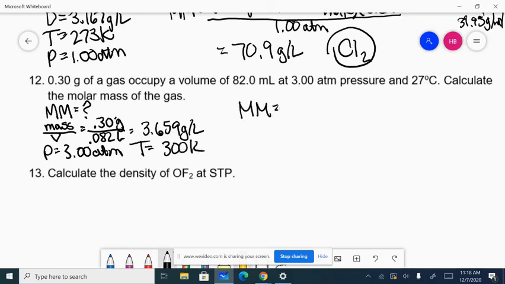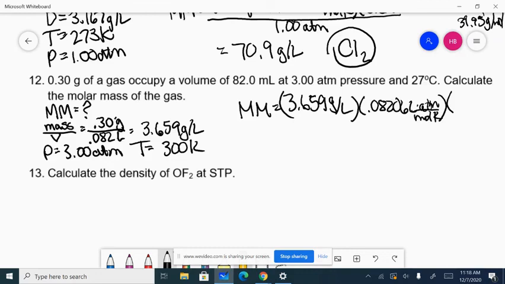So molar mass is equal to density times the ideal gas law constant times temperature over the pressure.